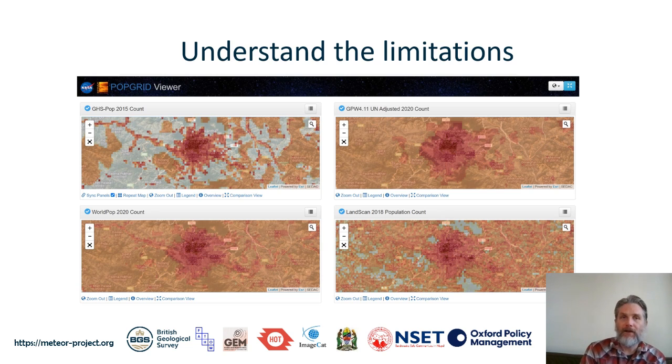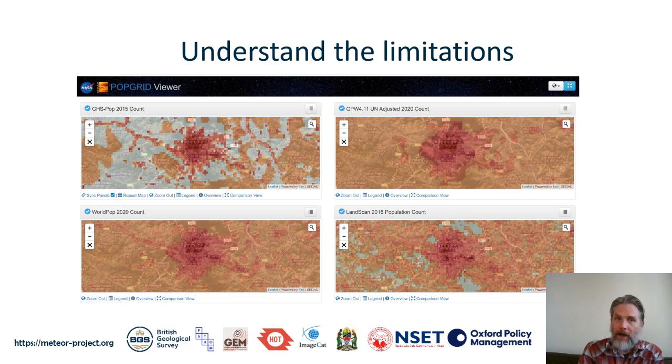Because of the law of large numbers, all four of these data sets, if you ask how accurate they are at the country level, you're going to get the answer probably that they're as accurate as the Nepalese census, because they probably all used the Nepal census as a starting point.